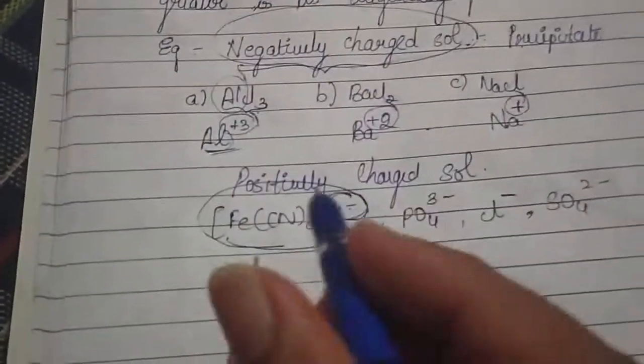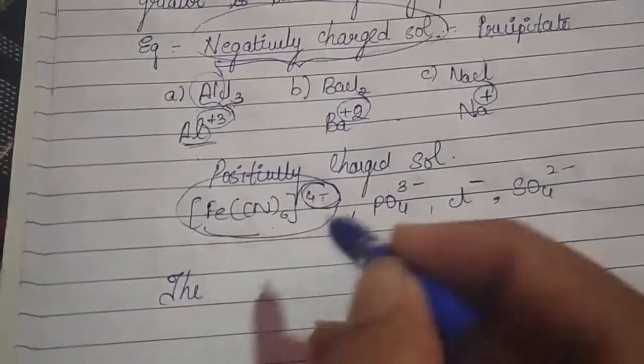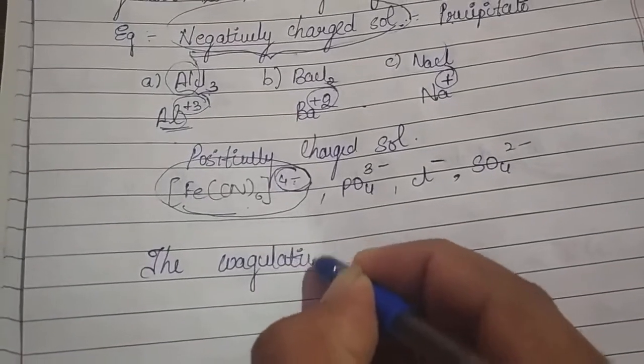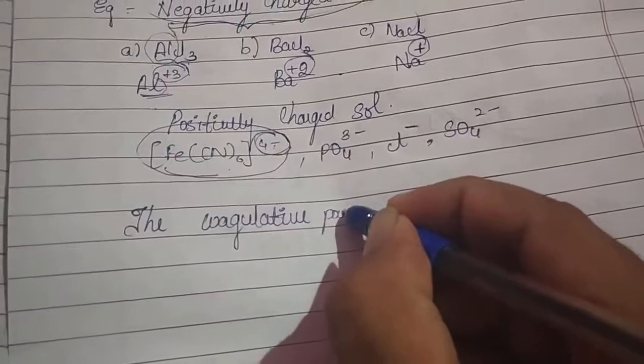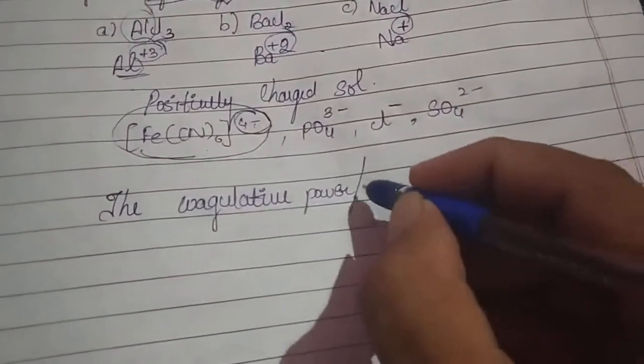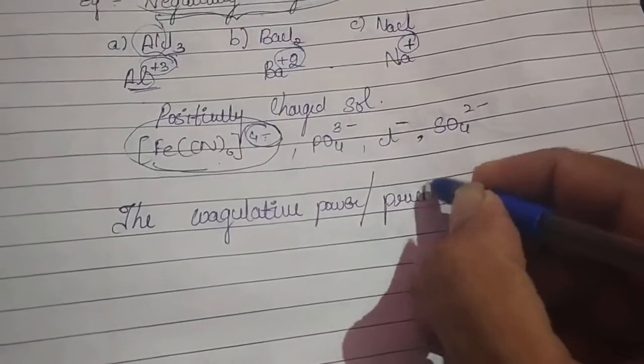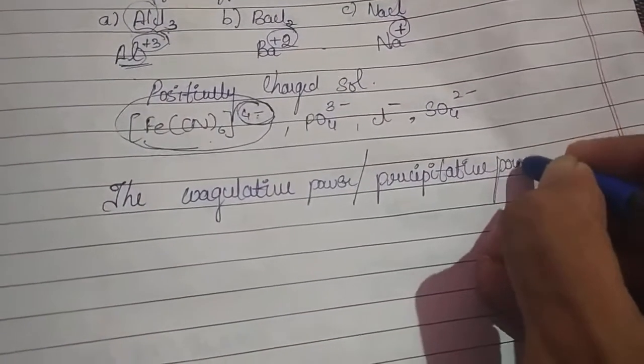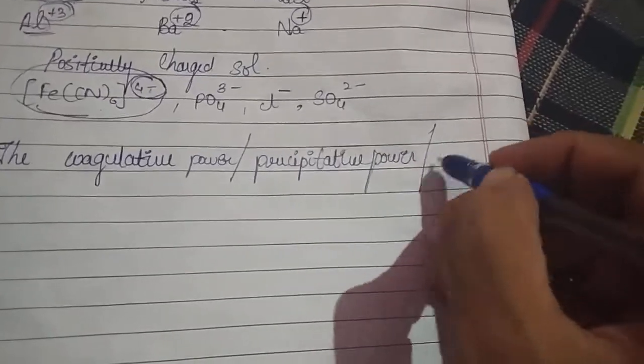So how can I write these things? Basically, in the first example, the coagulative power, remember it has three names. We can say coagulative power, or it is also called precipitative power, or it is also called flocculating power.